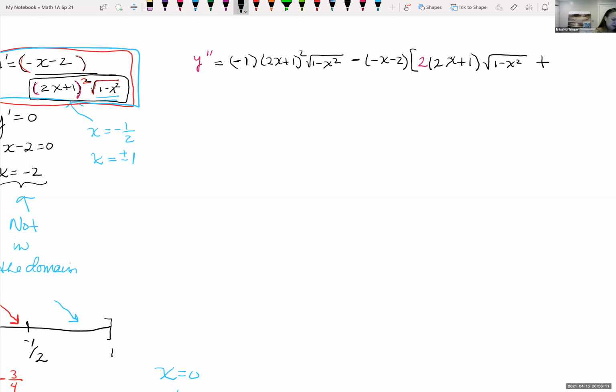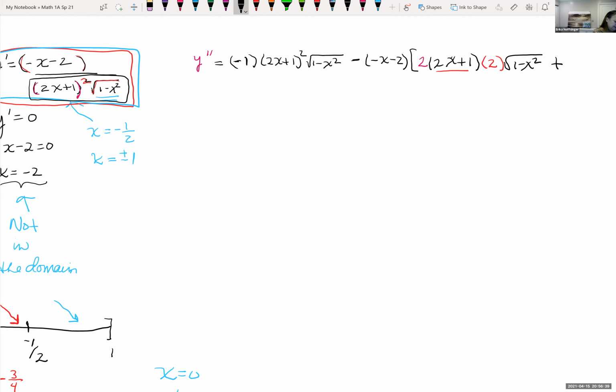Plus the first. So this, oops, did I take the derivative of the inside yet? I have not taken the derivative of the inside yet. So times the derivative of this inside, which is 2, all times the square root of 1 minus x squared.